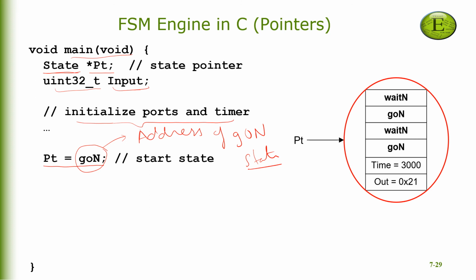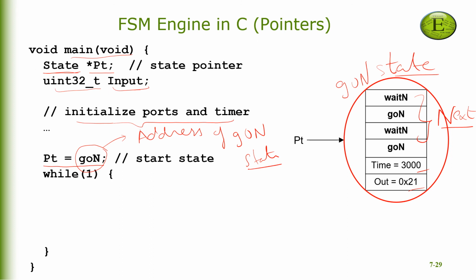And these are the components of the GoN state, the Go North state components. Its output is 21. The time delay is represented by the number 3000, and then we have the next part. Sorry, that's the Next. The last 4 elements are the elements of the Next array.